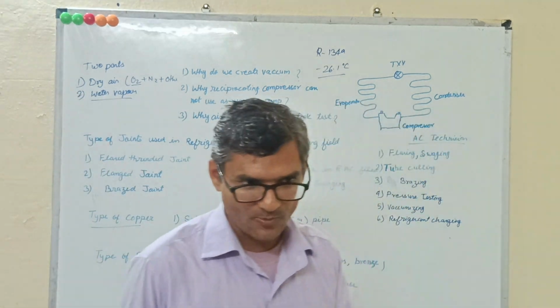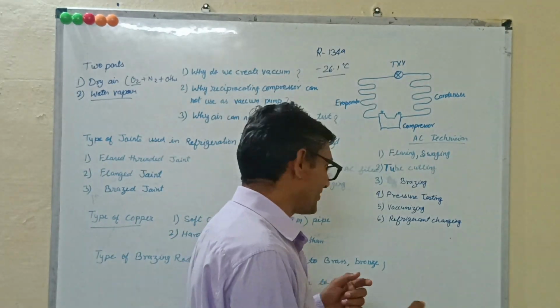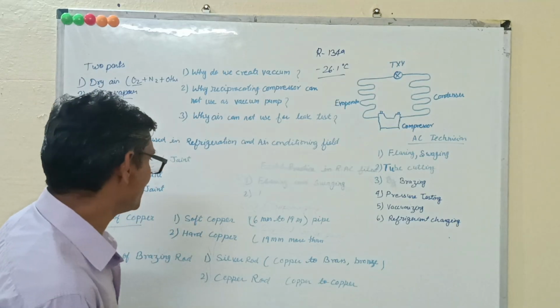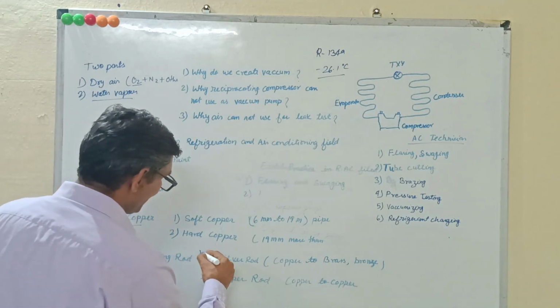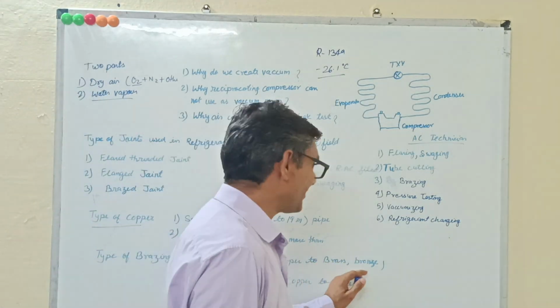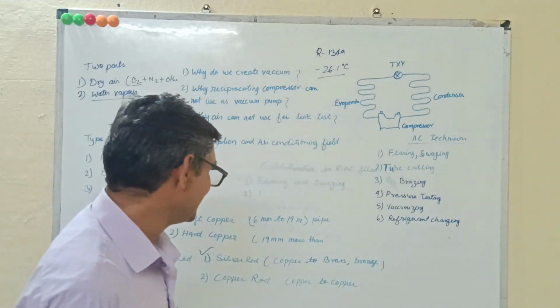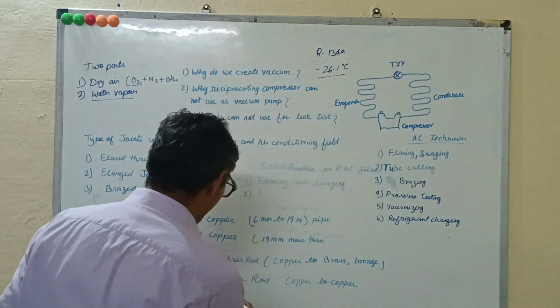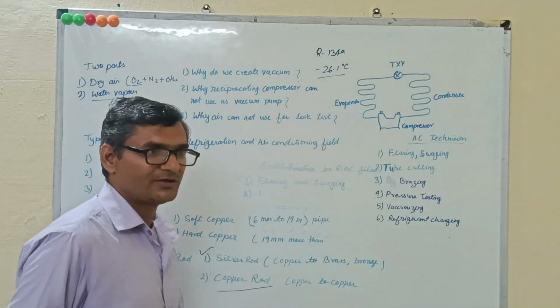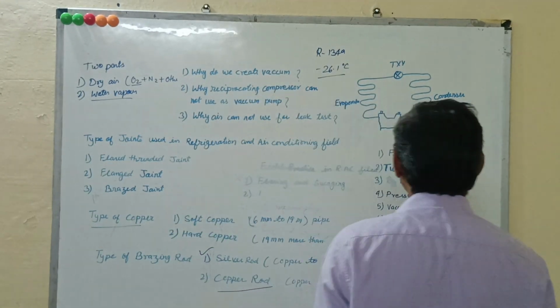Suppose a copper tube is there and a brass or bronze piece is there and we want to join them, then we have to use silver rod. And if we want to braze copper to copper, then we have to use copper rod.